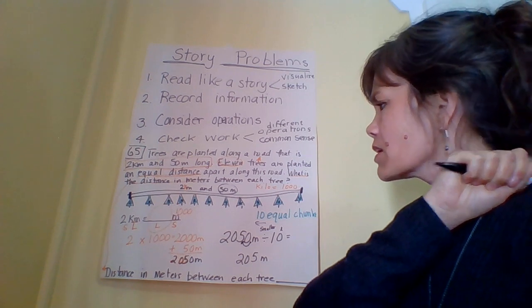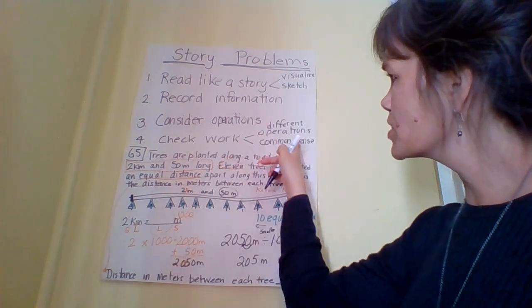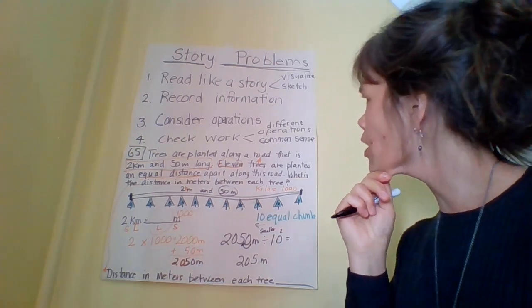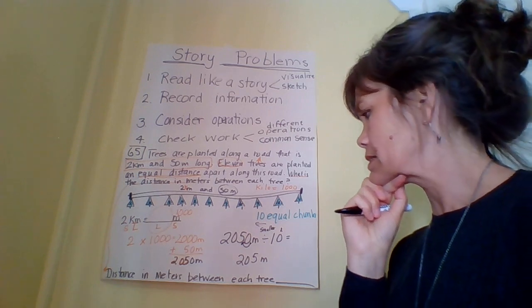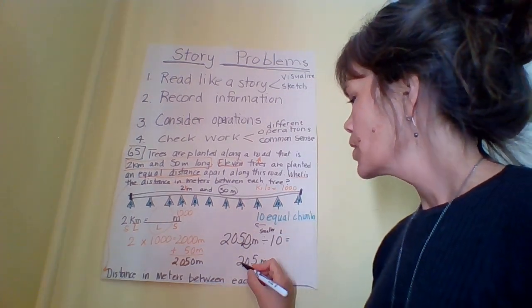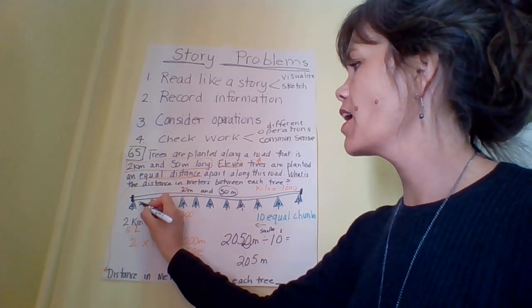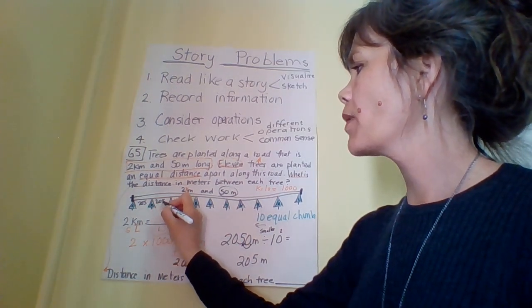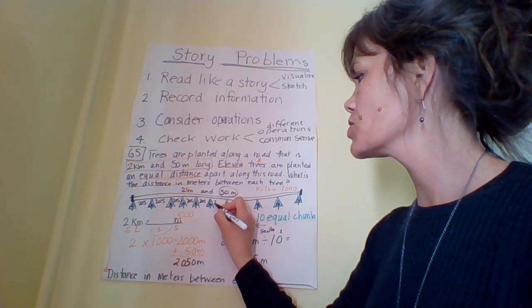So now I'm going to look at this and I'm going to think about this, and I'm at that place where I need to check my work. Can I do a different operation or some kind of estimate to see if that makes sense? And I'm going to say, well, 205 is pretty close to 200. So if I just count by 200s, I can write the 205 in between each of these trees.